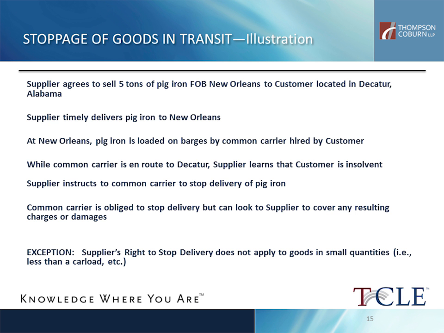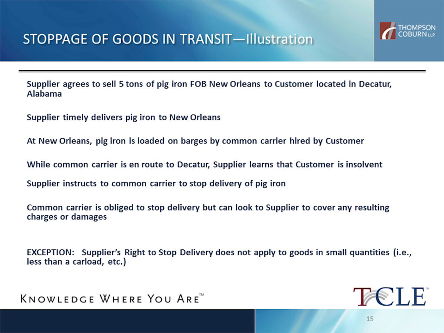The result of that is that the common carrier is obligated to stop delivering those goods. And to protect the common carrier, the supplier is going to be responsible for the resulting charges that might result from stopping the delivery or reshipping it somewhere else at the supplier's instruction, and would also be responsible for any damages that the common carrier might otherwise incur.